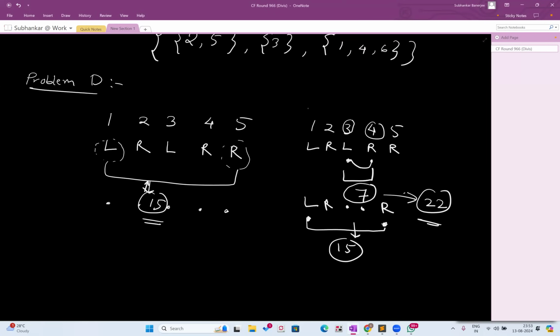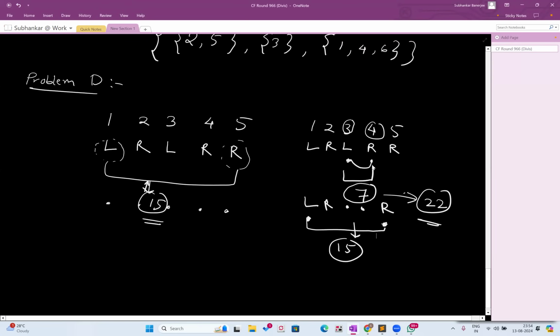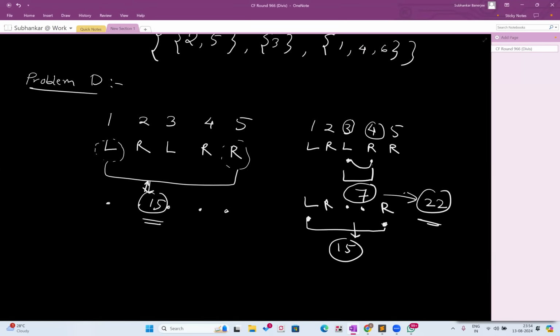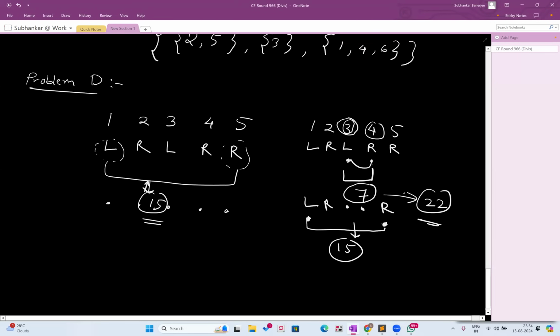So, did you get what the question is saying? When we are taking the third and the fourth index, everything in between has to be marked as a dot, and I'll add the sum of these elements to the score.